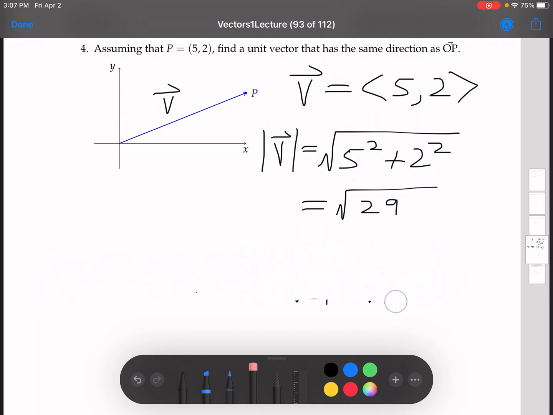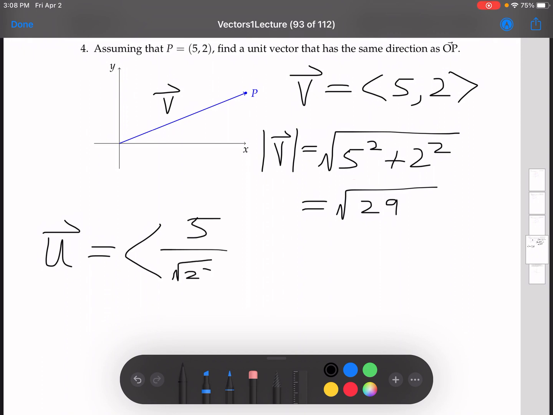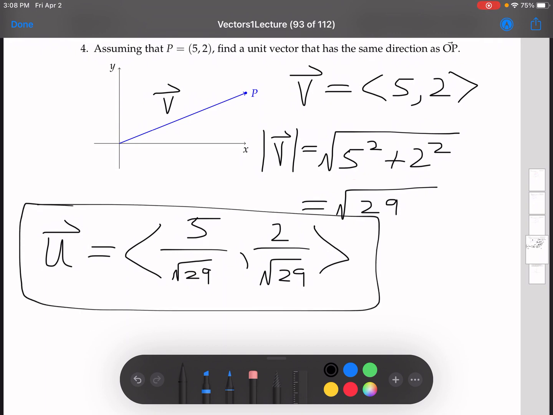So then the answer to our problem, finding a unit vector in the same direction as V, is we divide by this magnitude. And that's our unit vector in the same direction as V.